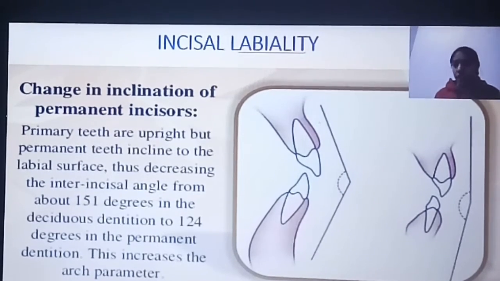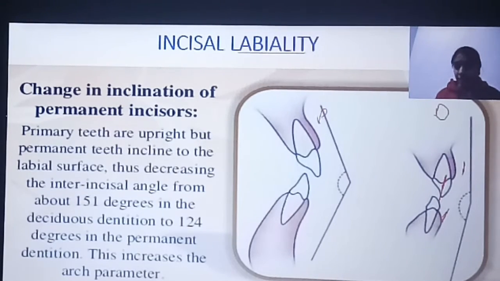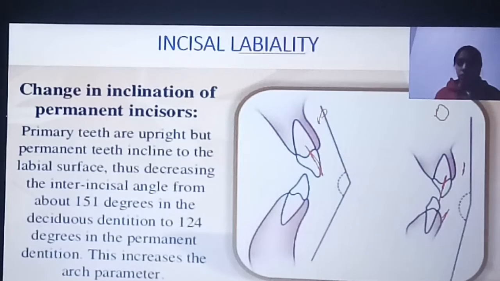See in the diagram, these are the deciduous upper central incisor, and this is the lower, and these are the permanent incisors. So you can see the inclination difference between them. These both are somewhat straight, right? And in the permanent dentition, this upper incisor is coming more labially. That is known as incisor labiality.